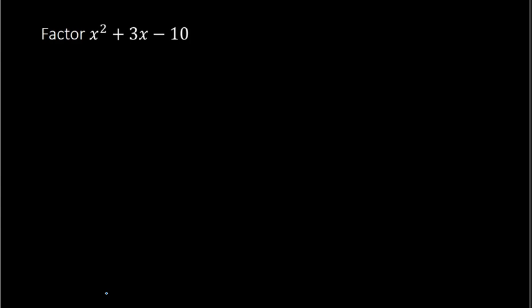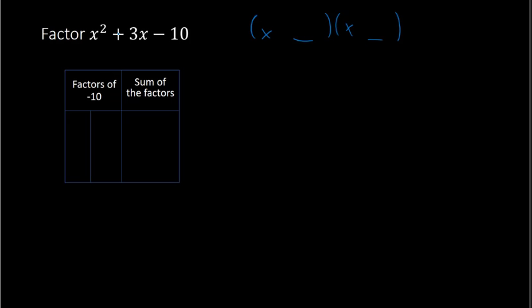Next example, we have x squared plus 3x minus 10. When we factor, it's going to look like this, where we have x as the first term, and then a number here and here. To find those numbers, I see what two numbers would multiply to get negative 10 and would add to get positive 3. Looking at the negative 10, we look at the factors.